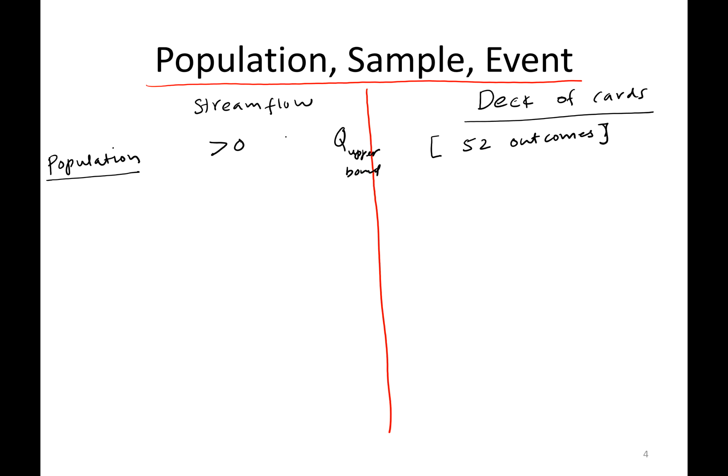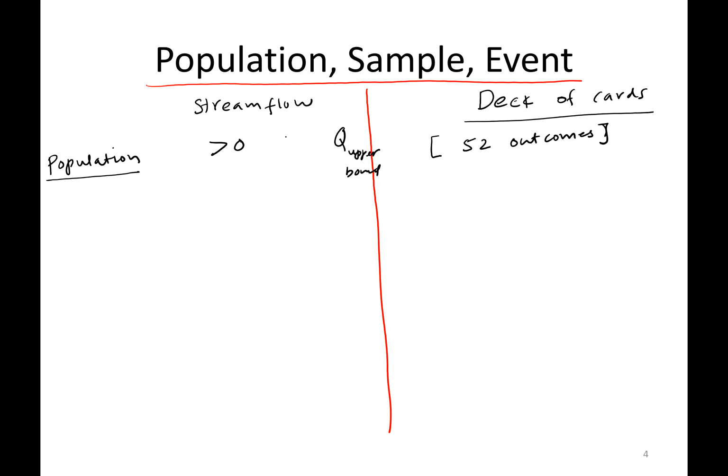So you cannot say that my stream flow is going to be 1, 2, 3, 4 until, let's say, 1 million CFS. It could be 1.001, 3.5, 9.7, 25,200 CFS.